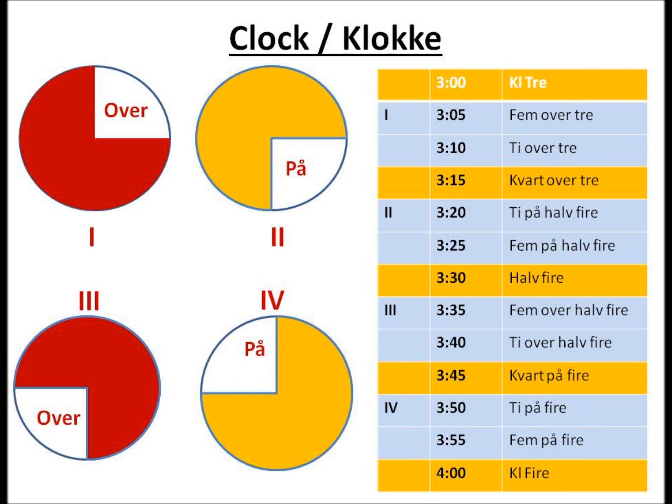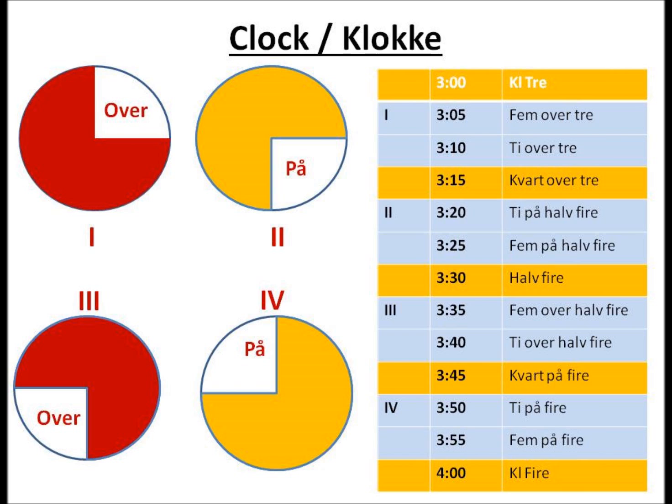At 45, it becomes kvart på 4. There's a quarter hour left to klokka 4, or 4 o'clock. At 3:50, it is 10 på 4, and 3:55 is 5 på 4.